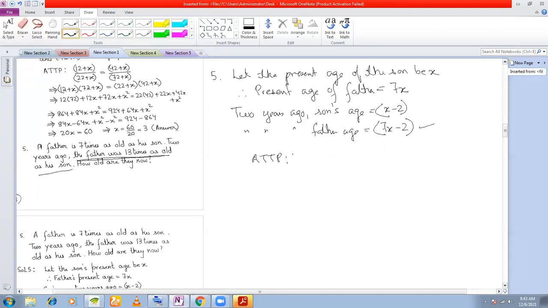2 years ago, father's age is equal to 13 times 2 years ago son's age.